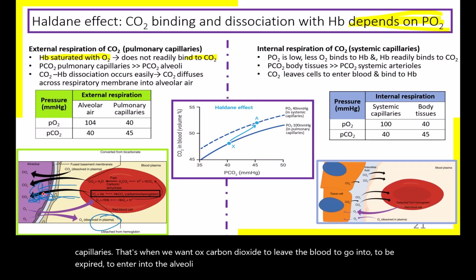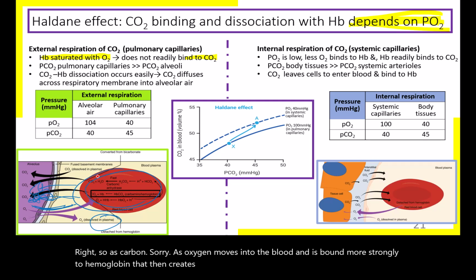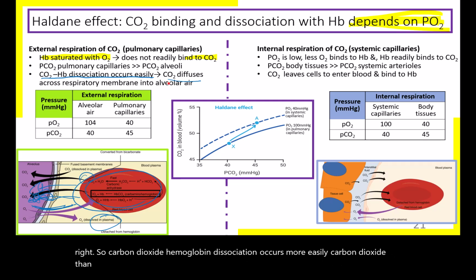So as oxygen moves into the blood and is bound more strongly to hemoglobin, that creates this link where hemoglobin dumps CO2 more readily. So carbon dioxide hemoglobin dissociation occurs more easily. Carbon dioxide then diffuses across the respiratory membrane into the alveolar air to be breathed out.